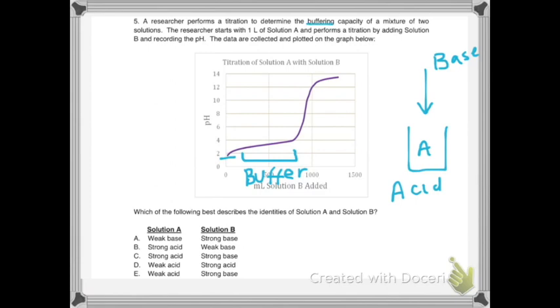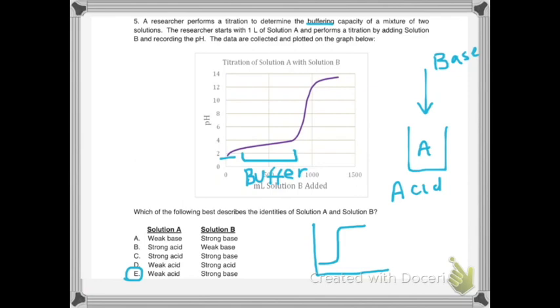And we know that to be a buffer, you have to have something weak and its conjugate in solution. And so I would say that this is a weak acid and we're adding a strong base to it. If it were a strong acid and strong base, then we would have that really steep sigmoidal shape.